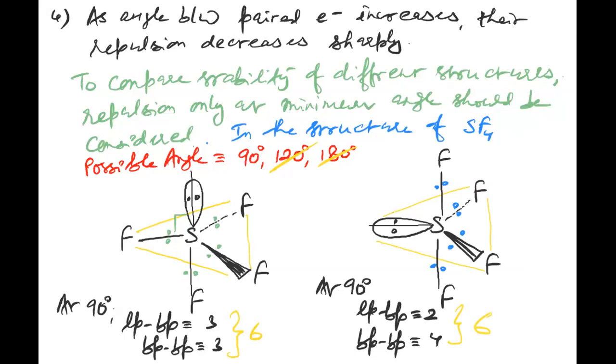So the first structure consists of more repulsion, is found to have more potential energy, and is less stable. So the second structure is more stable. And according to VSEPR theory, the geometry of SF4 should have the second structure instead of the first one.